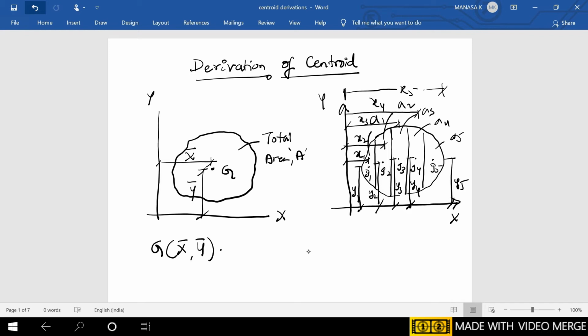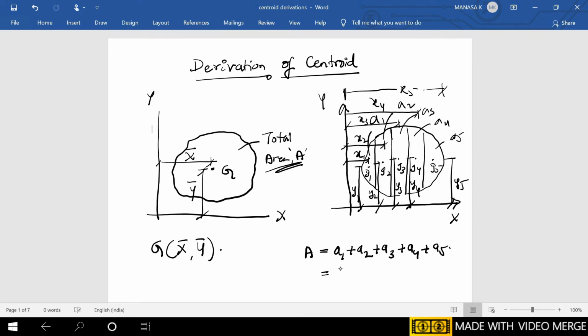So if I want the total area, that is nothing but the addition of all the areas of the elemental strips, correct? Now I have divided into 5 elemental strips, so A1 plus A2 plus A3 plus A4 plus A5.